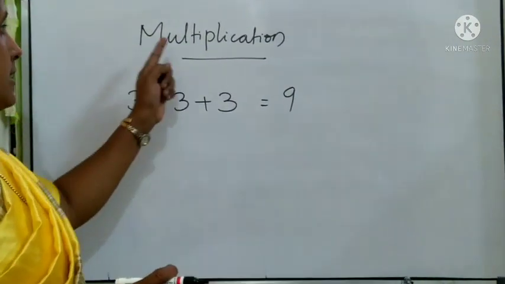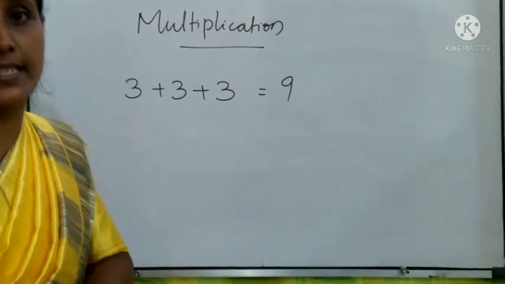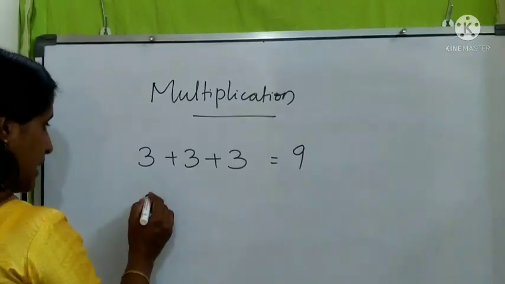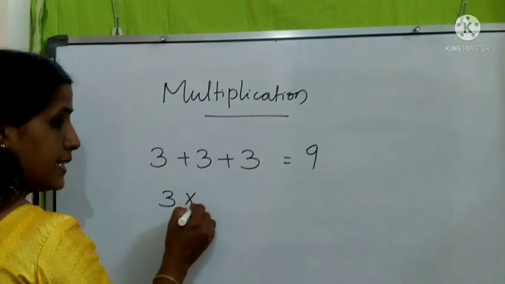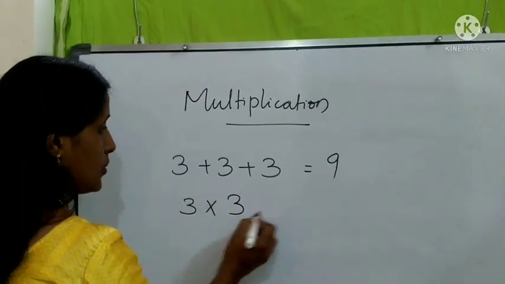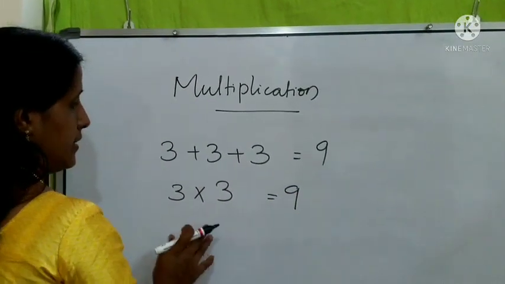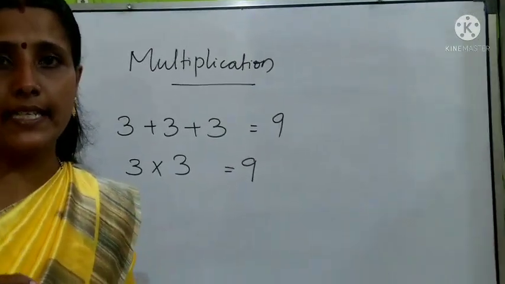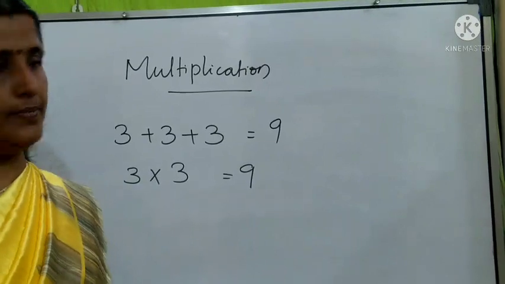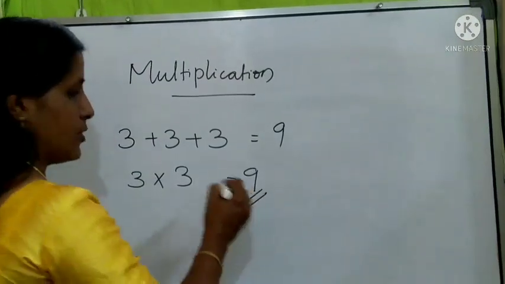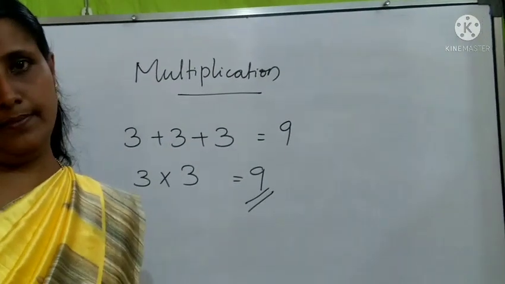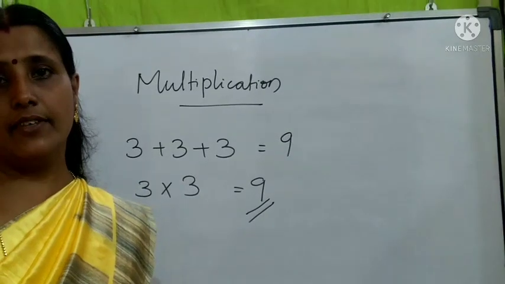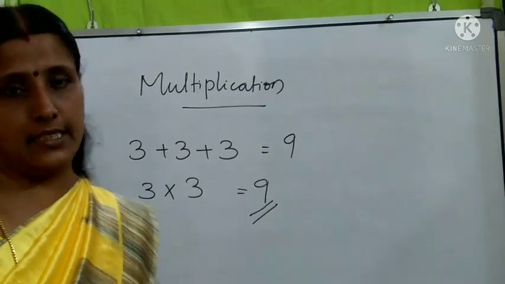This repeated addition we name as multiplication. How? This 3 is repeated how many times? 3 times. 3 into 3 is 9. That's why multiplication is known as repeated addition. This answer is known as the product.